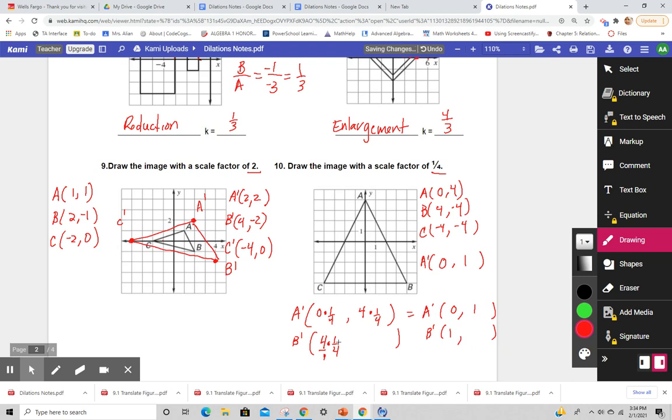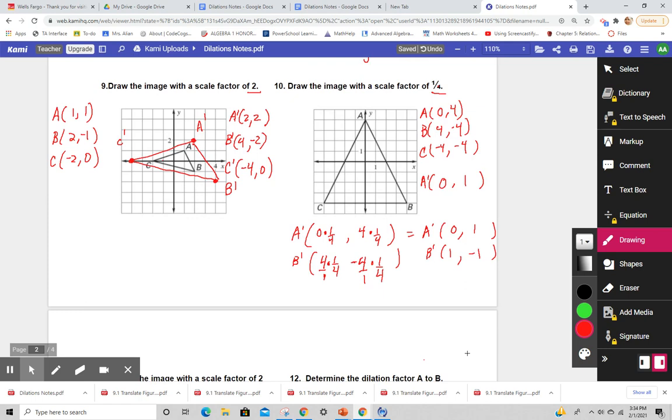When you multiply, you get 4/4, which is 1. And -4 times 1/4. So that's going to be -1.